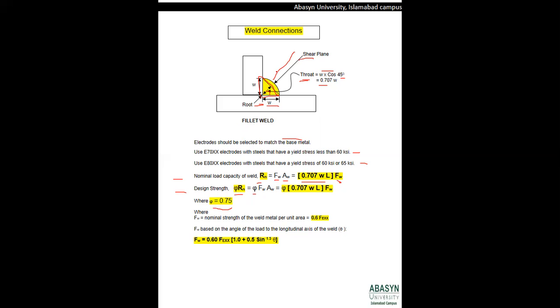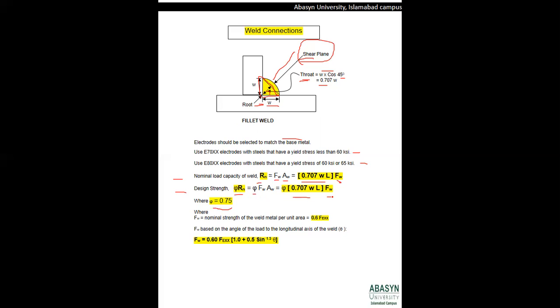As I told you, the strength of the weld depends on the shear plane, and the phi value used for shear structures is 0.75. So it ultimately becomes 0.75 times 0.707 WL times Fw.